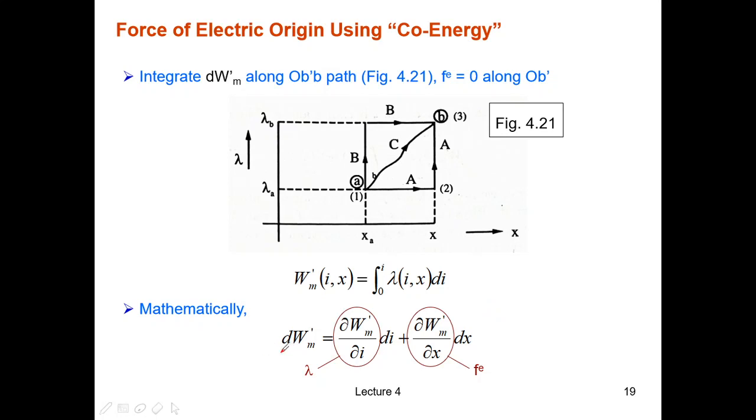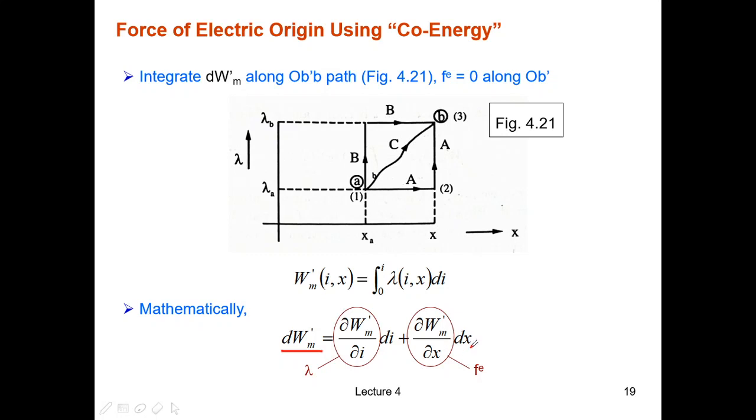Mathematically it would be the partial differentiation of Wm dash with respect to the current, times di, plus the partial differentiation of Wm dash with respect to x, multiplied by dx.